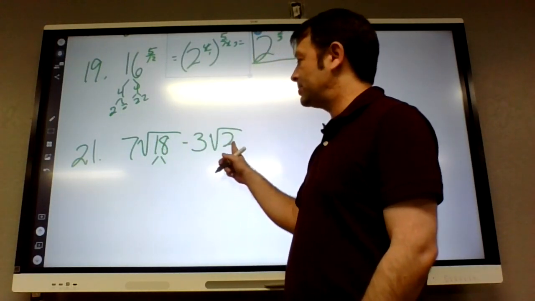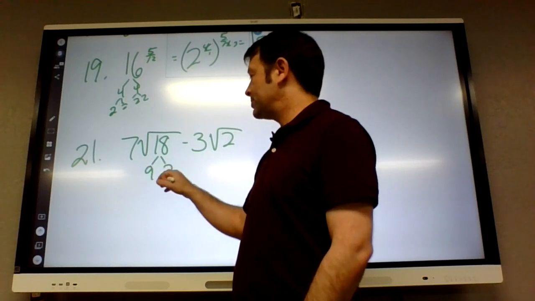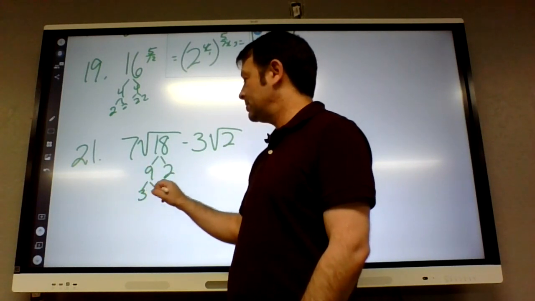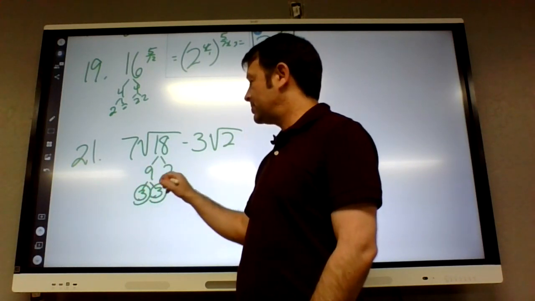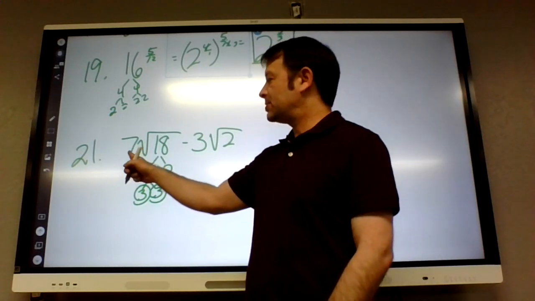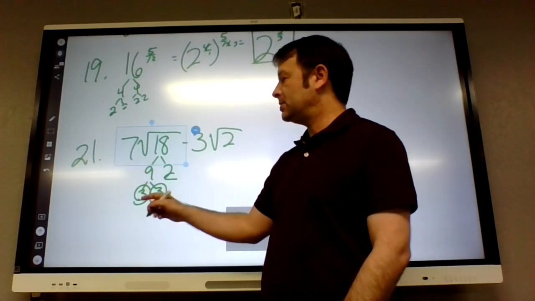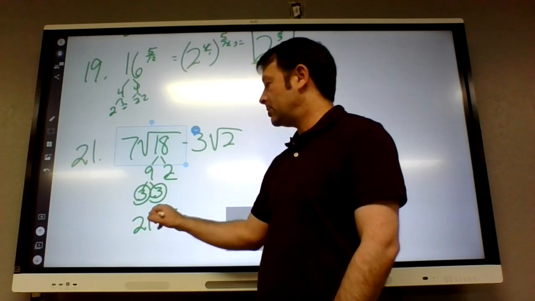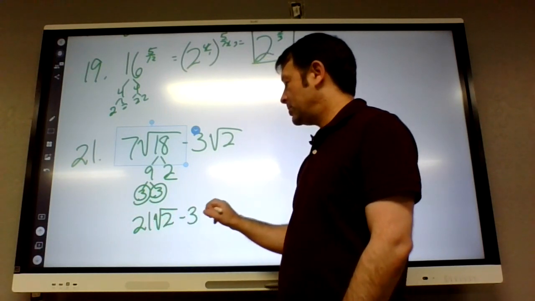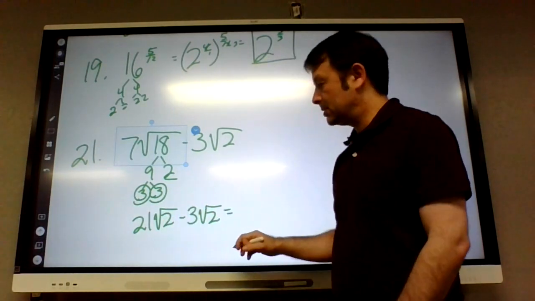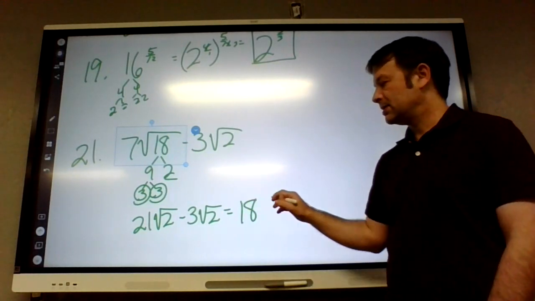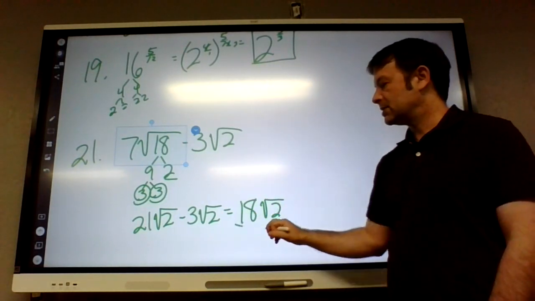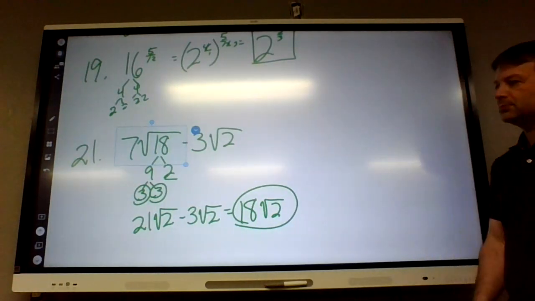Square root of 18 minus square root of 2 doesn't mix. But if you simplify the square root of 18, it's 3 square root of 2. So 7 times 3 is 21 square root of 2, minus 3 square root of 2 is 18 square root of 2.